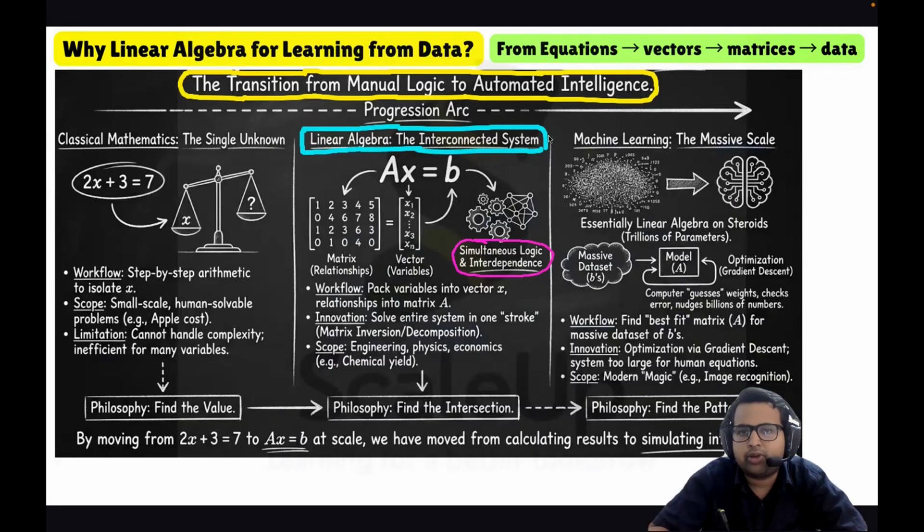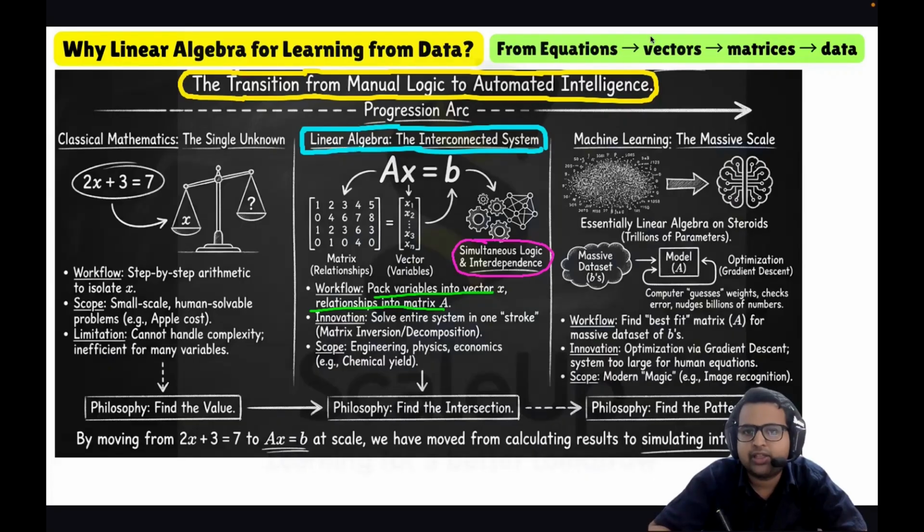So if we talk about the workflow, in linear algebra, you pack all your variables into a vector X and all their relationships into a matrix A. So we have a matrix and a vector. The vector is the variables and the matrix contains the relationship between those variables.